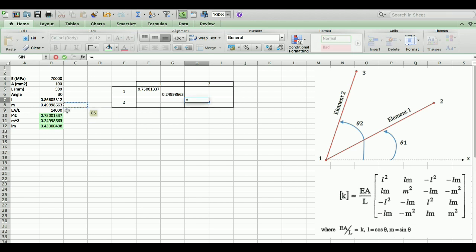So that equals L squared, and this is equal to M squared. We created our main diagonal. Now, the next one on row 1 is LM, so that is equal to LM. This number is equal to minus L squared. This number is equal to minus LM.